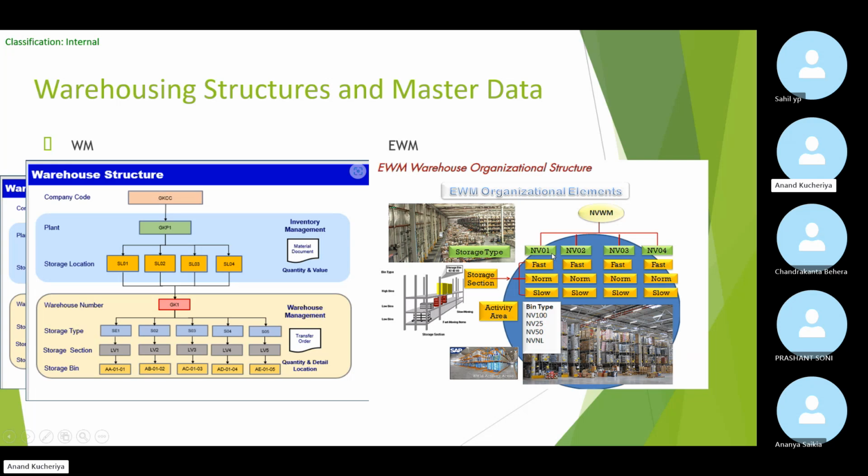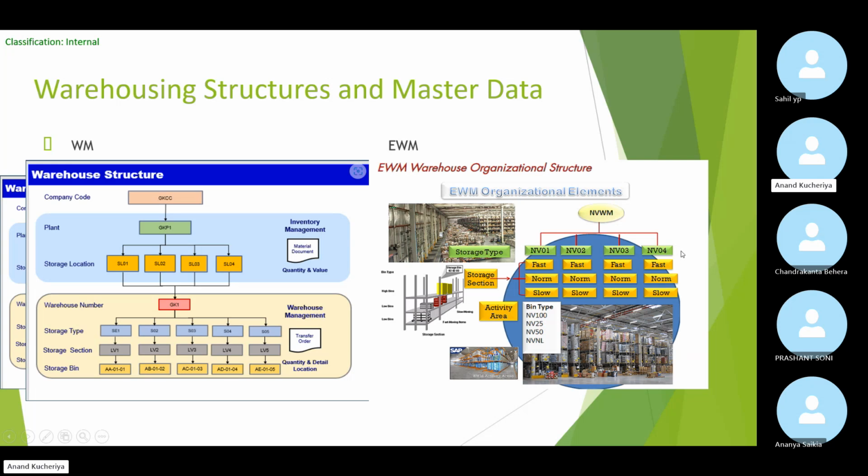This may be equivalent to your storage location. That means the consolidated stock available in this storage type is equivalent to the SL01 storage location stock. Apart from the storage location, we can have a general storage type also.